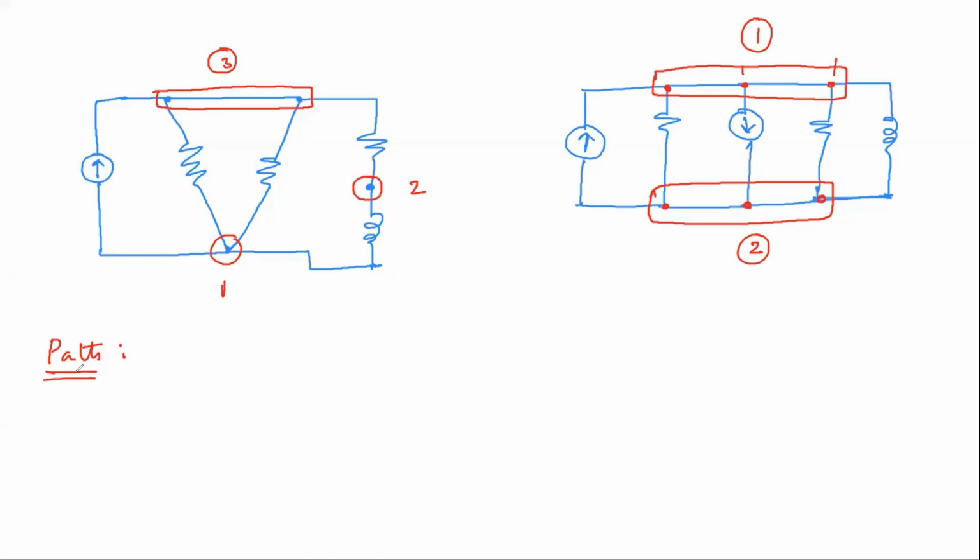Understood? So what is the path? If no node was encountered more than once, that means even twice it should not be encountered. Then the set of nodes and elements that we have passed through is defined as a path.